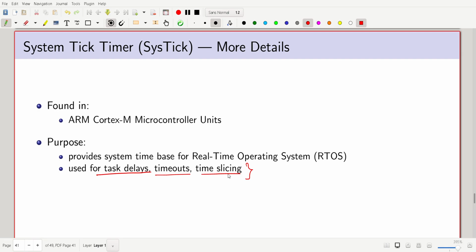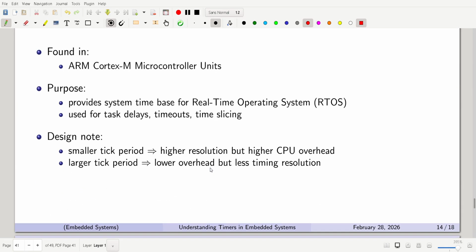Design note: a smaller tick period gives higher resolution but higher CPU overhead, since it requires more computation in the CPU. A larger tick period gives lower overhead but less time resolution.